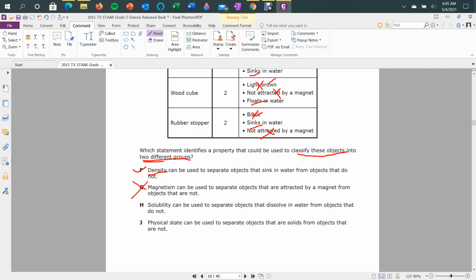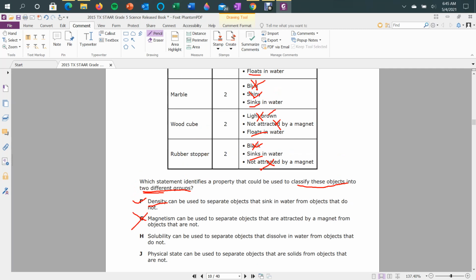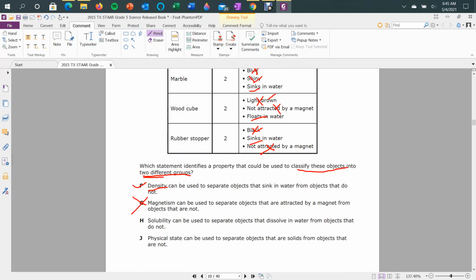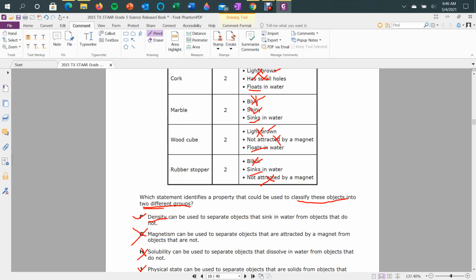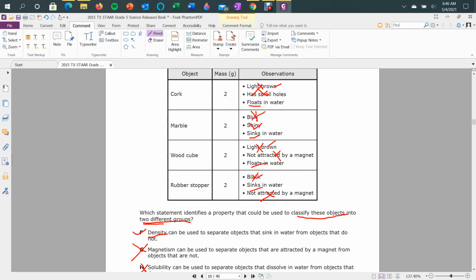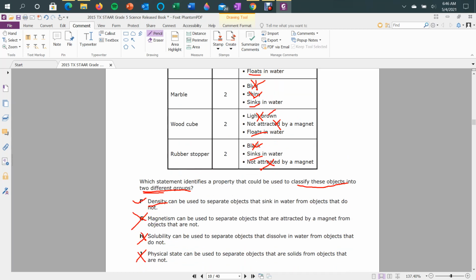Solubility says nothing about dissolving anywhere, does it? No. Physical state, which is solid, liquid, gas, none of them talk about that. Could we separate solid and gas? No, because they're all solids too. So the only thing it could be is this one, F. And F is your correct answer.